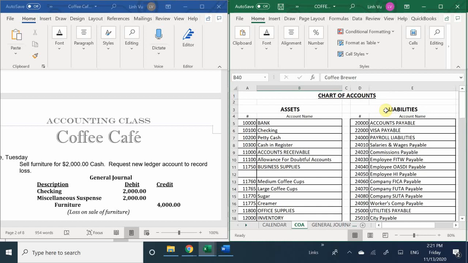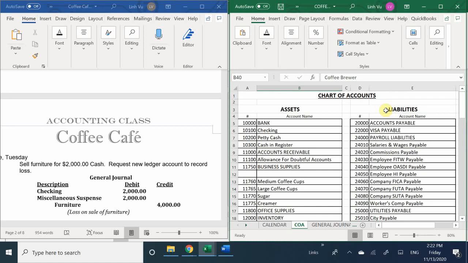What do we know about petty cash? Petty cash, we haven't even established one, and you can't put chump change in there. We learned that, right? So obviously there's no petty cash. Cash in register. Can we just dump this in the register? No. This also applies to petty cash. You can't just dump loose change into a cash register. We don't even have a register in the first place, or a place to put it.